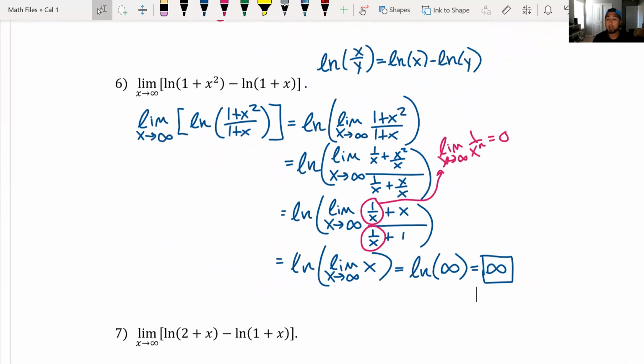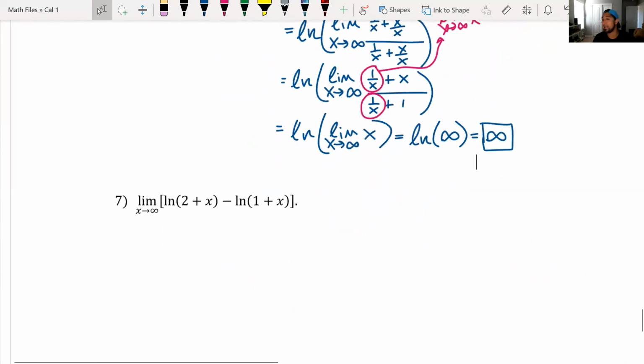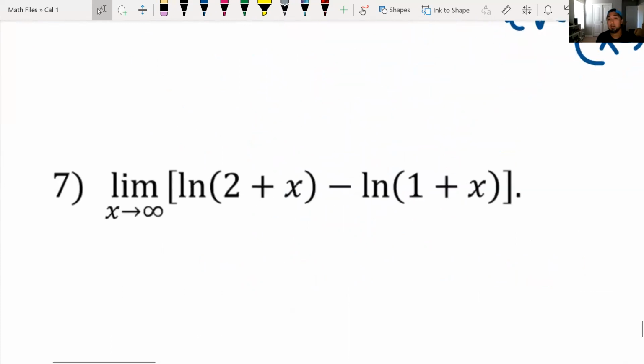All right, and that is using log properties, which means we can do the same again below. It'll be the same exact concept. So we see they're connected by subtraction. Let's go ahead and use log properties to put them back as one term, one log.